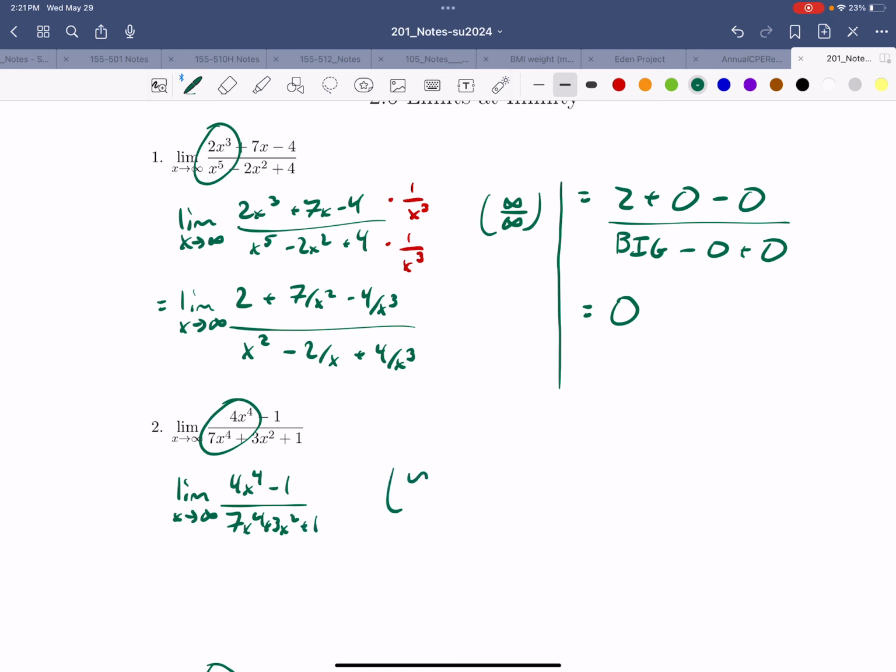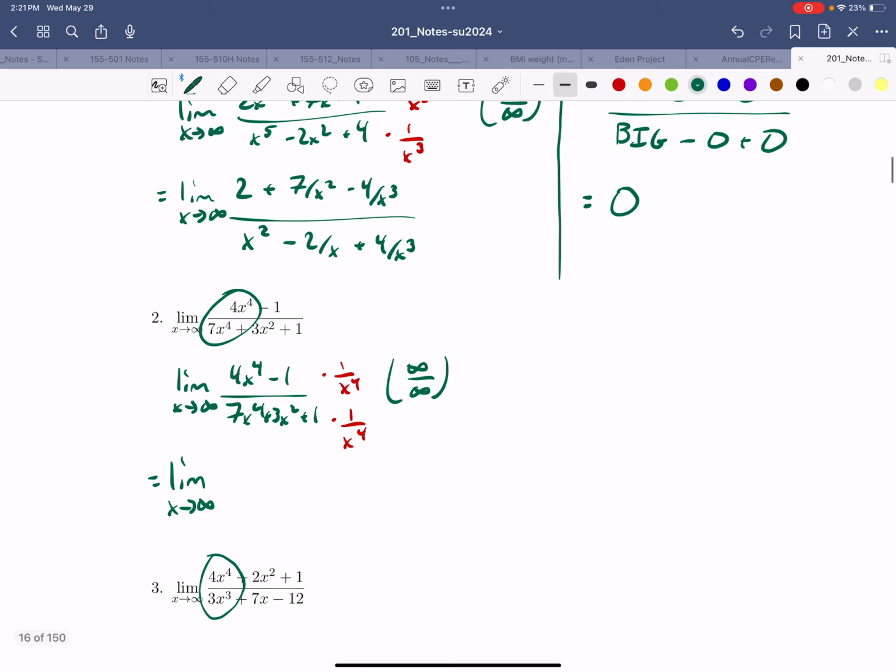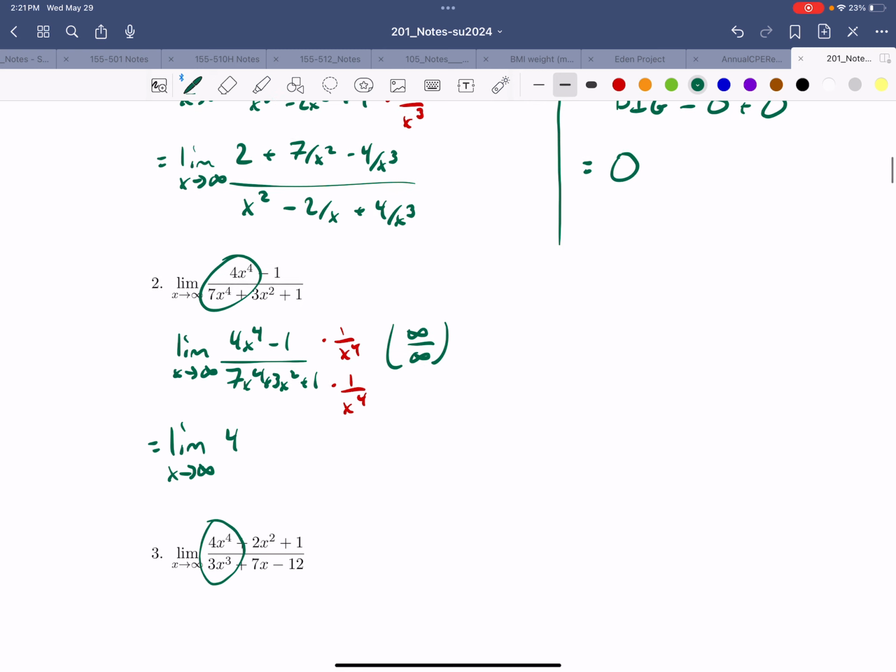You don't have to write infinity over infinity, although I think it's good just to verify that we need to do something here. Here, you don't need to worry about dividing by the lower leading term, right? It's the same. So we're going to get something kind of nice. We get 4 minus 1 over x to the 4th. The bottom is going to be 7 plus 3 over x squared plus 1 over x to the 4th.